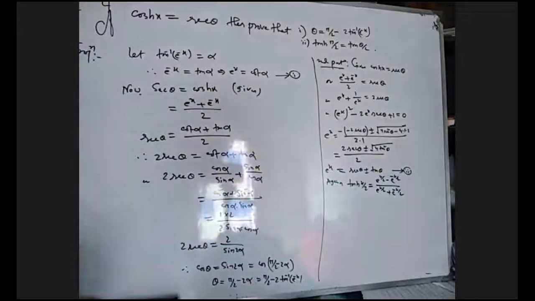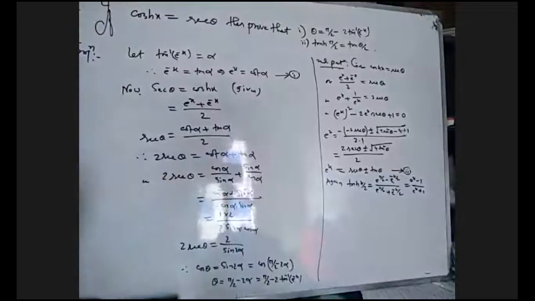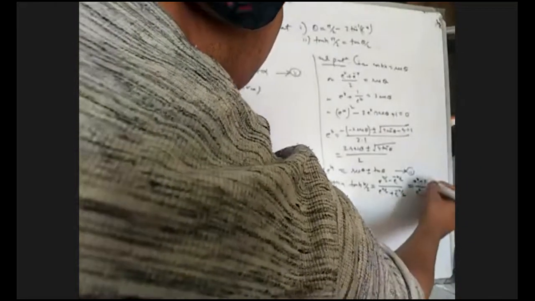This is the formula for tan hyperbolic x in exponential form. This can be written as e to the power x minus 1 over e to the power x plus 1.